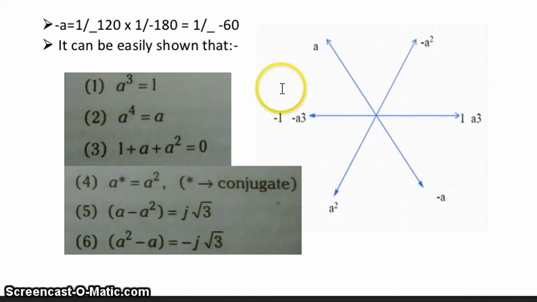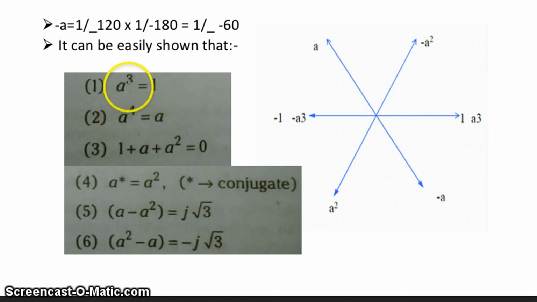Now we can see with the help of the shorthand notations that a cube is also equal to 1, since if we add 120° 3 times it comes to 360°, right? Then a is 120° displaced in anti-clockwise direction. If 180° again we add, it will come to minus a, which is basically minus 60° from a cube, right?